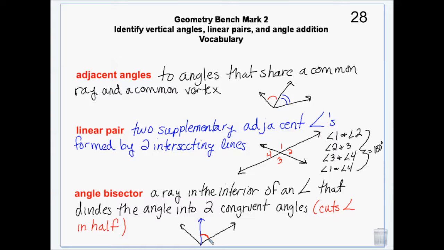This angle measure and this angle measure will be the same. So whatever that number is, if it was like 50 and 50, something like that. So it cuts it perfectly in half.